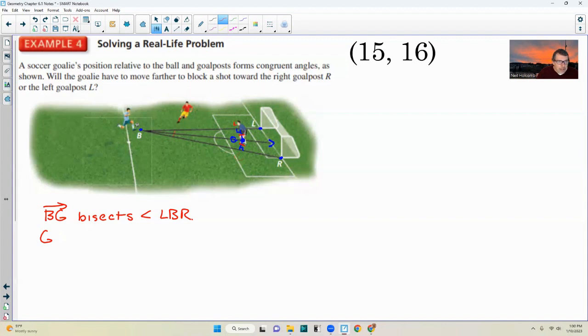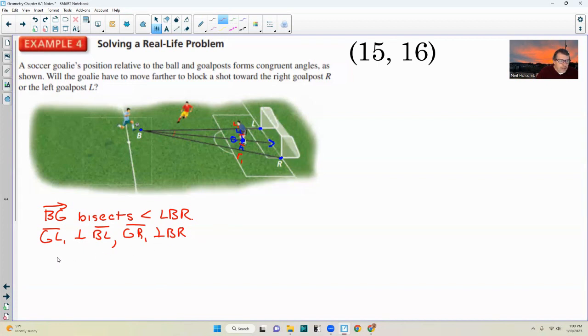Actually, let's call it L sub 1 and R sub 1. So the segment GL sub 1 is perpendicular to BL, comma, and the segment GR sub 1 is perpendicular to BR.